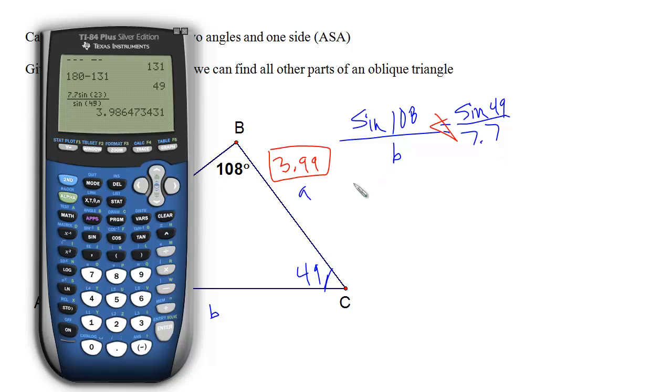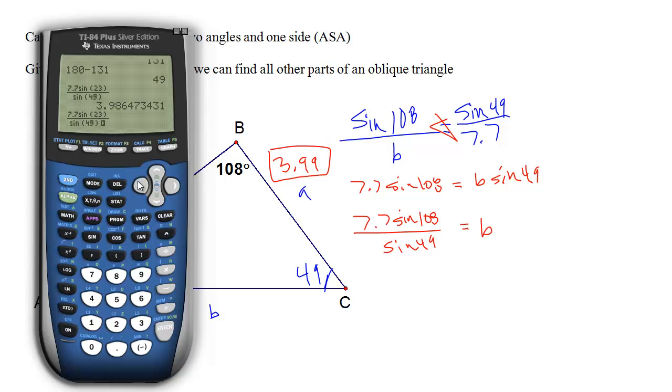Cross multiply. And then we divide. Now what I can do is I can just go ahead and go back up here, and I can say second entry, and I'll just go back in and edit these.